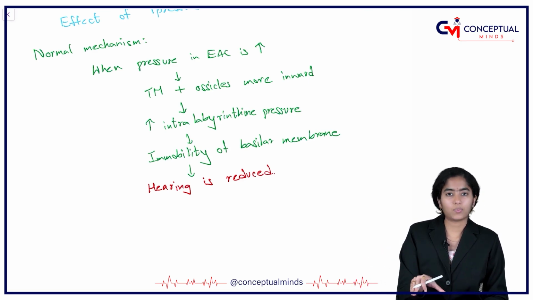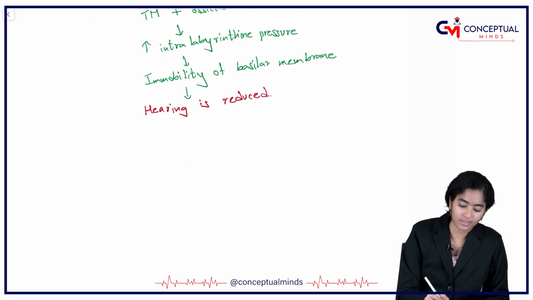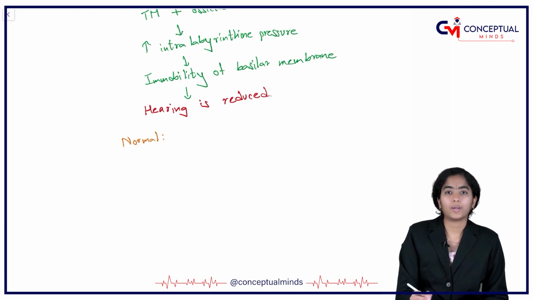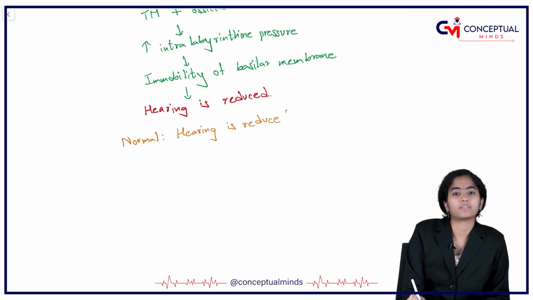And based on the sequence of events that I just explained, what happens in a normal person? When pressure is increased in the external auditory canal, hearing is reduced, in a normal person.